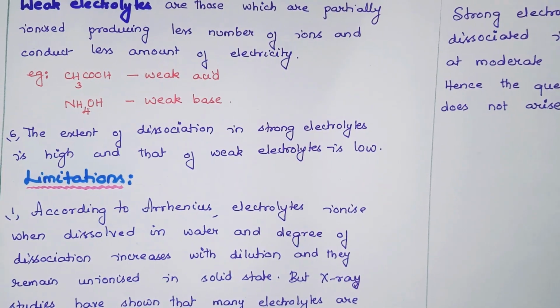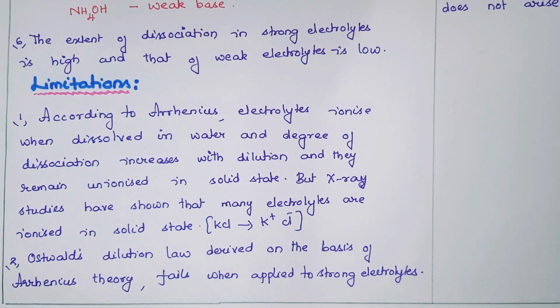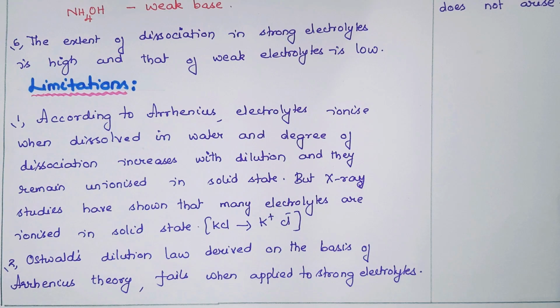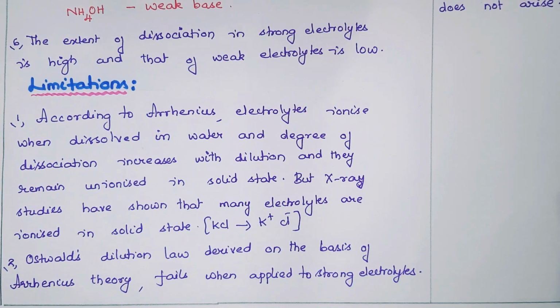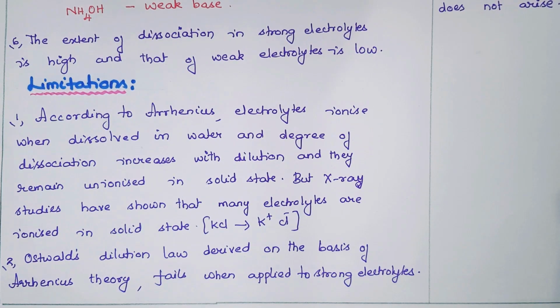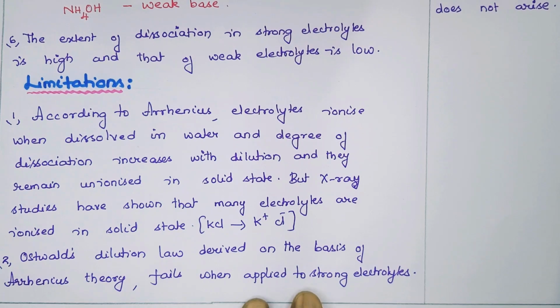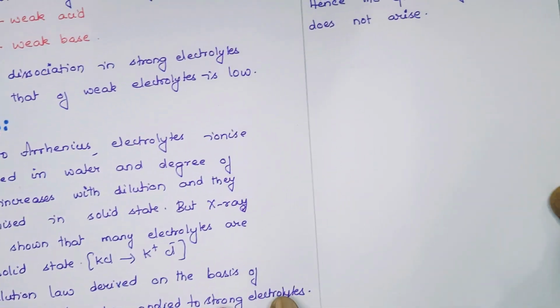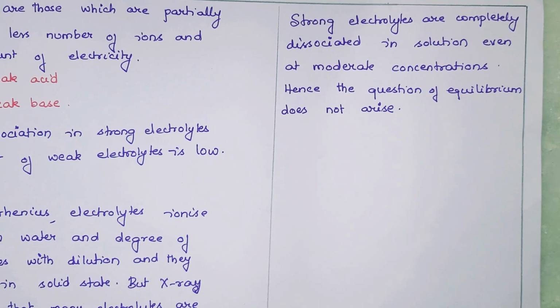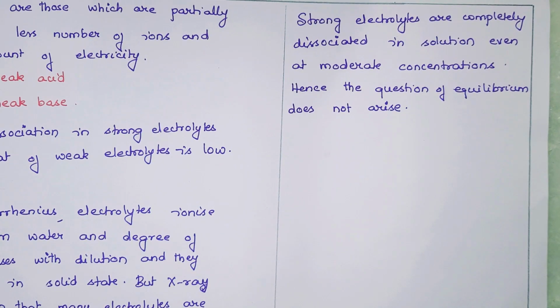Now, the second limitation, students, is Ostwald's dilution law. This is also a very, very important question, students. This is derived from Arrhenius theory, and Ostwald's dilution law fails when applied to strong electrolytes. See here, strong electrolytes are completely dissociated in solution even at moderate concentrations.